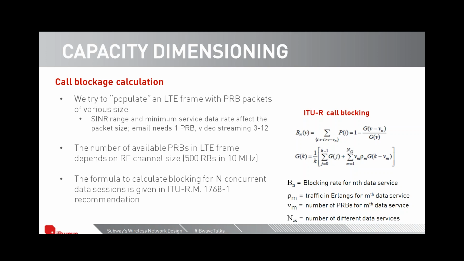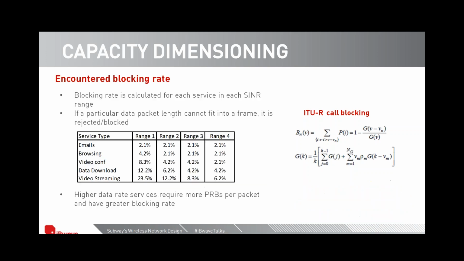So NCS equals 5 in our example. Our other assumption was that there were no voice over IP calls, meaning that voice over IP was not implemented in the LTE network. Then we calculate the call blocking rate based on those ITU equations.